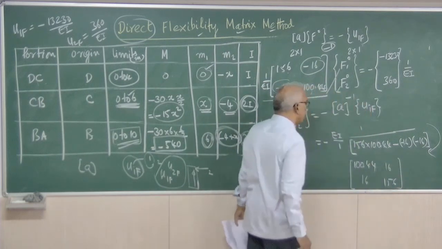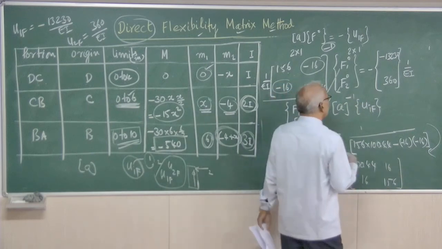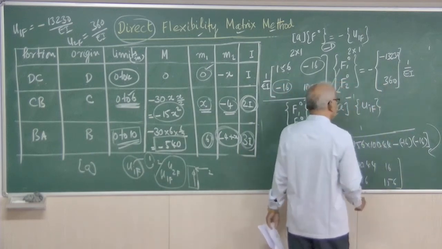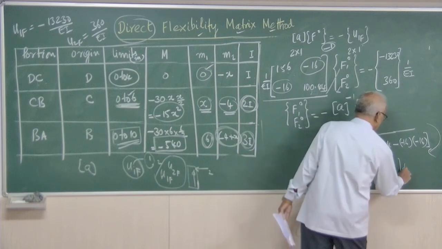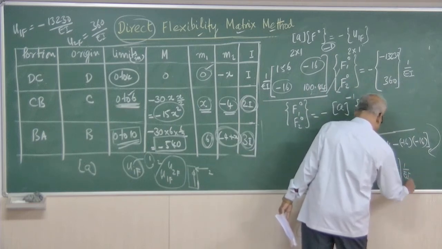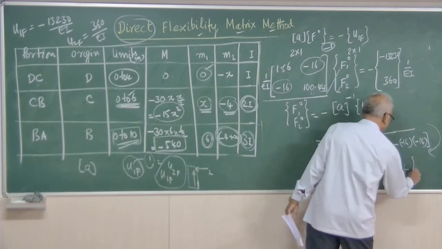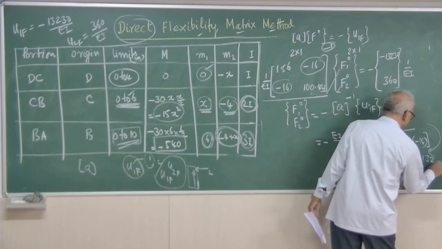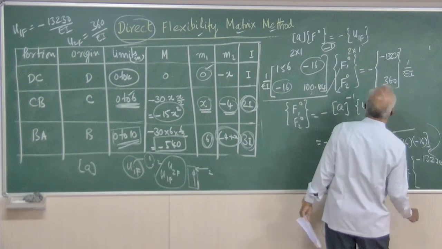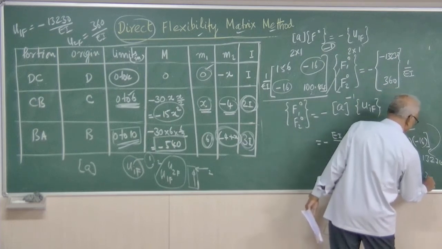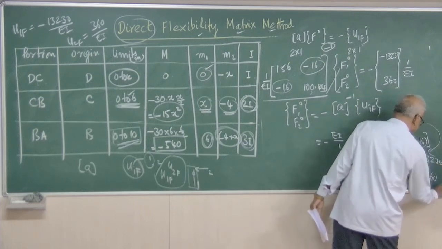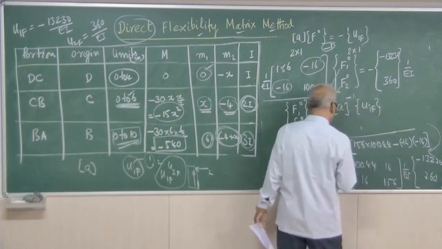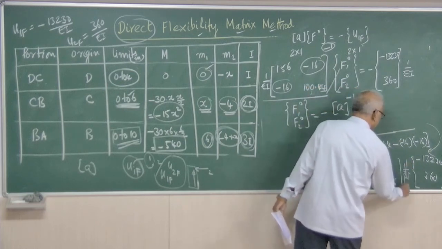Into the right hand side value, 1 by EI into minus 13,230 and 360. So this EI and EI will get cancelled.